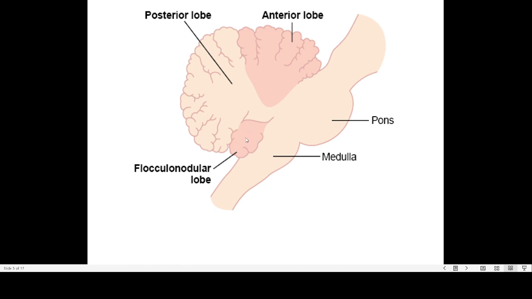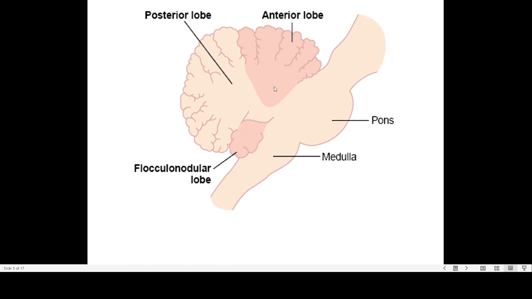This flocculonodular lobe is separated from the posterior lobe by a fissure, called the flocculonodular fissure. Importantly, the primary fissure is V shaped. These are the three main lobes: anterior lobe, posterior or middle lobe, and flocculonodular lobe.